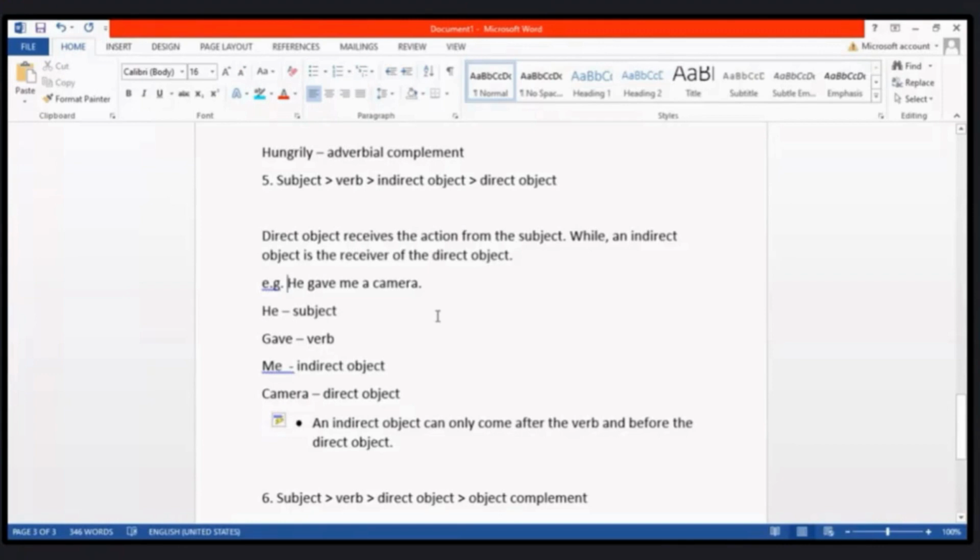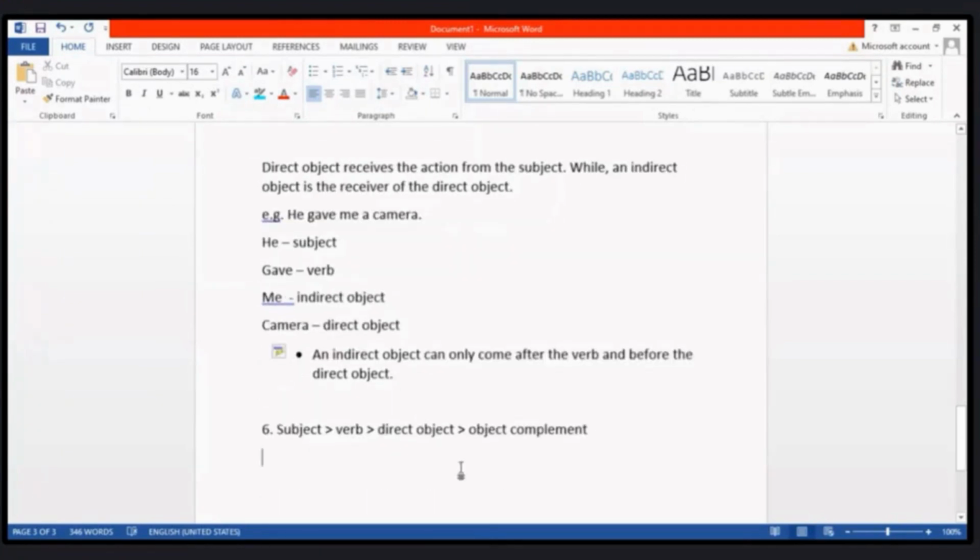This is the only place where it is viable. Now let's go to the sixth type of syntactic pattern.